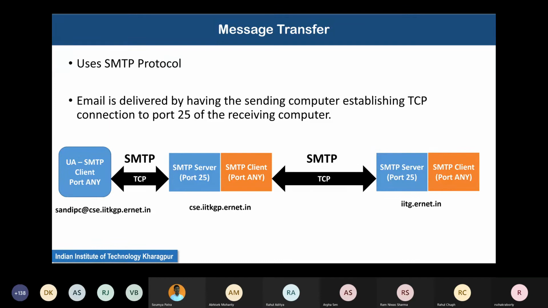Not the final transfer, but starting from the first point till the receiving mail agent, SMTP is used. The last point of transfer uses something else. We'll come to it.